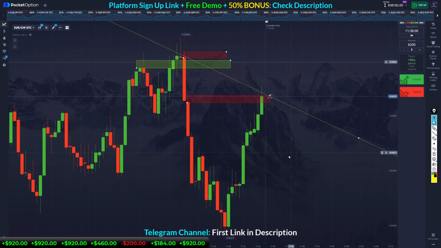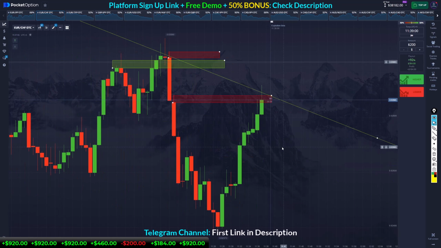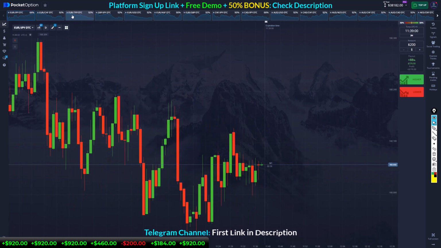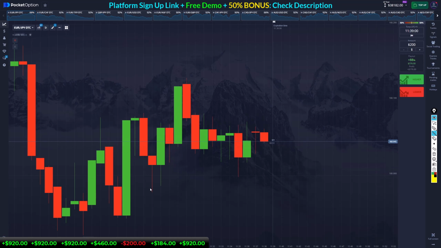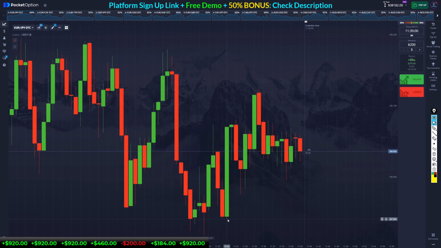All right. See how this candle is going to close. All right. Okay, we have a ranging market right here. So we need to find a setup.